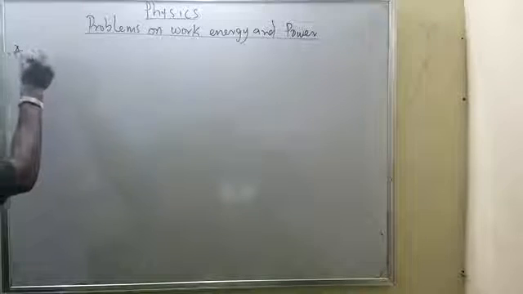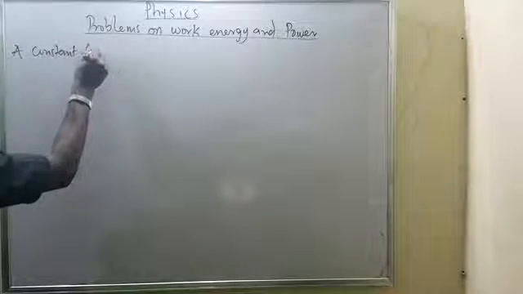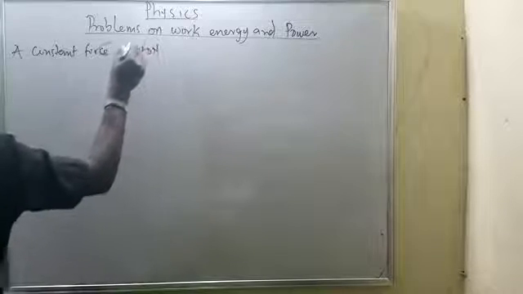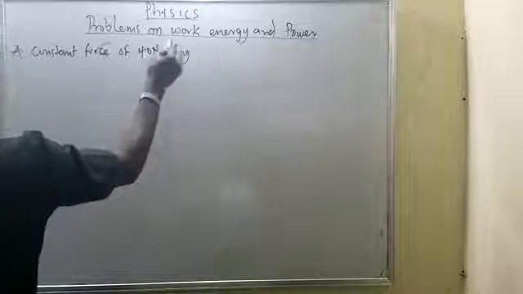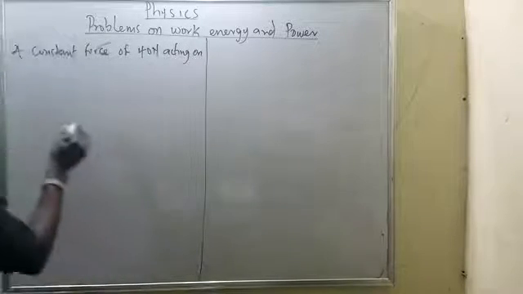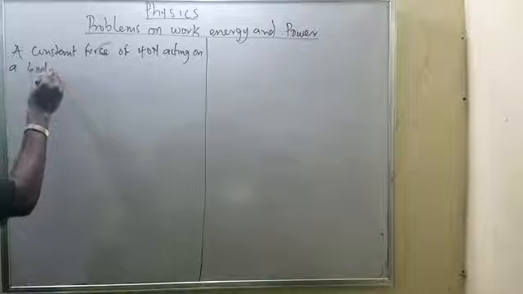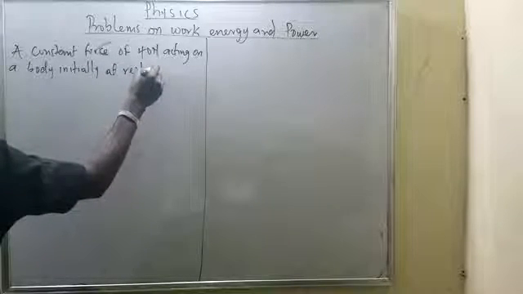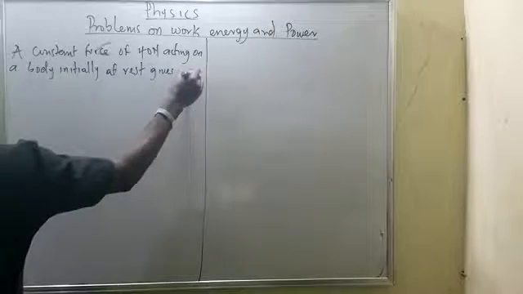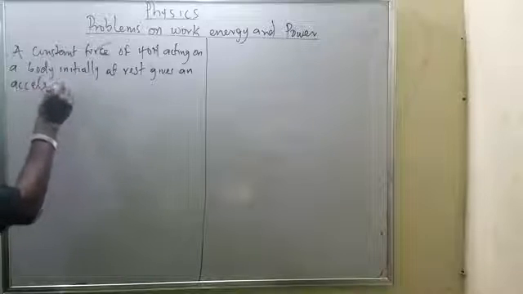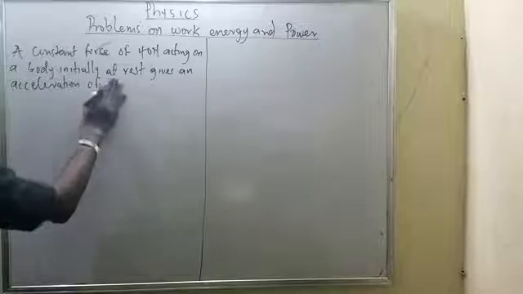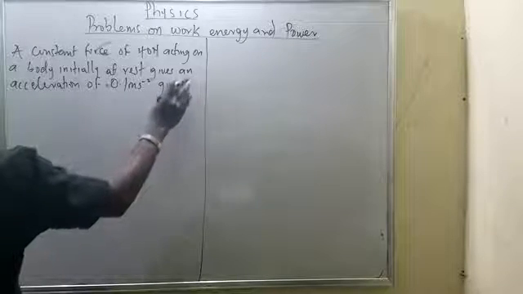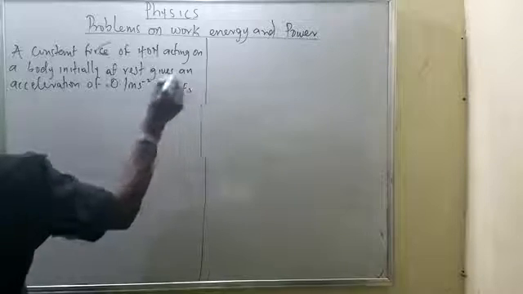A constant force of 40 Newton acting on a body initially at rest gives an acceleration of 0.1 meter per second squared for 4 seconds.